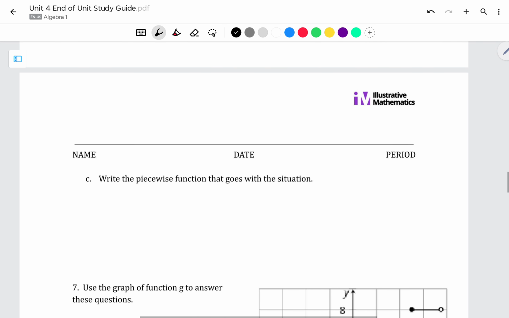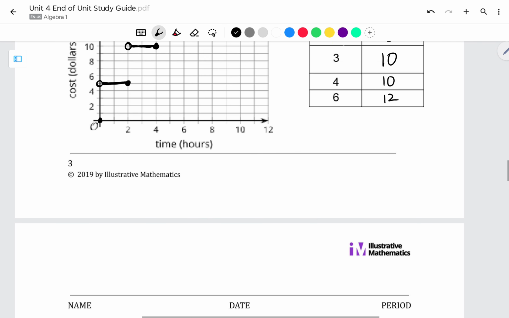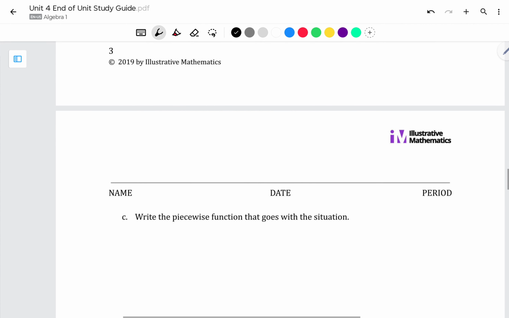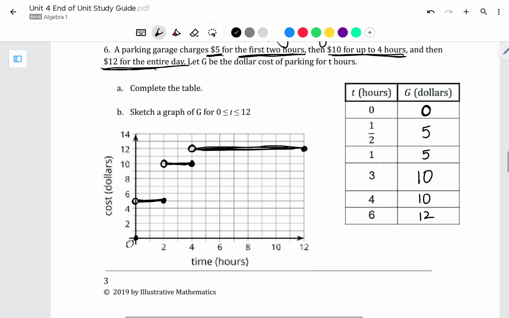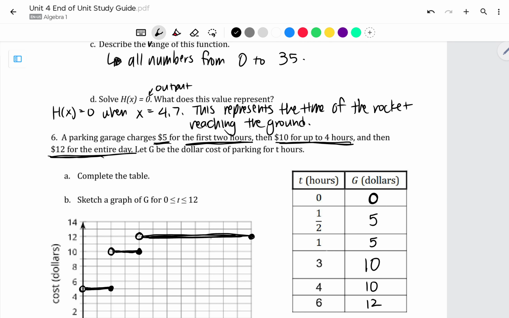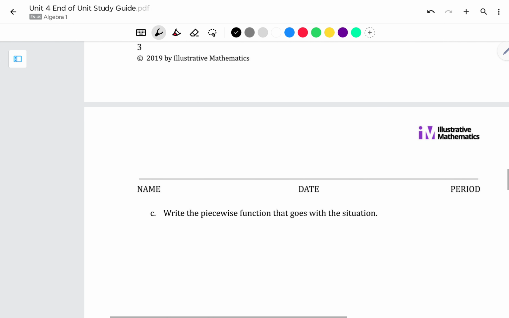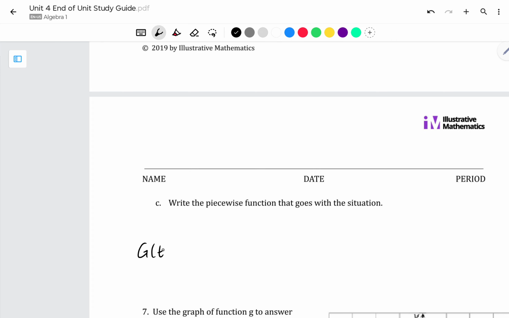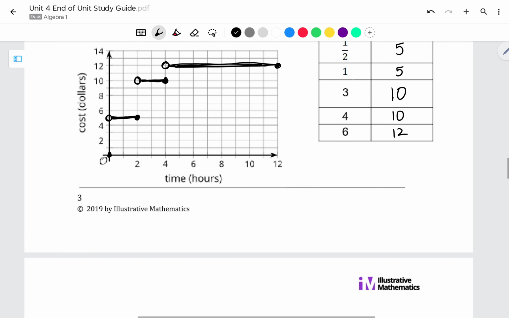Write the piecewise function that goes with the situation. So how will we write this down? The function is G of T, with T for time. G of T is equal to 0 if T is equal to 0. That's what this point is.